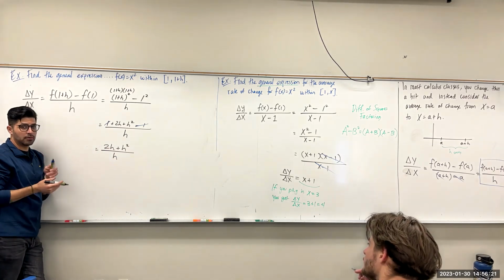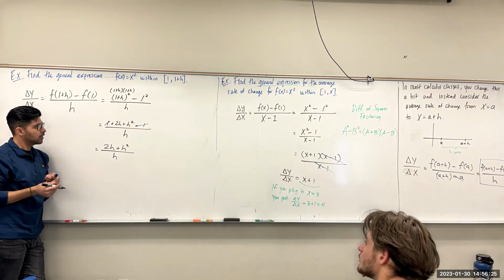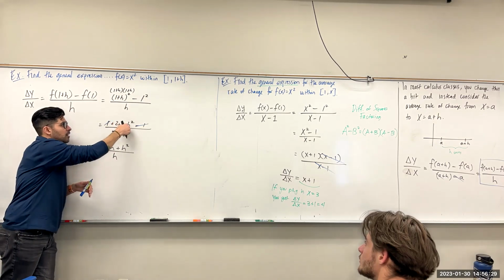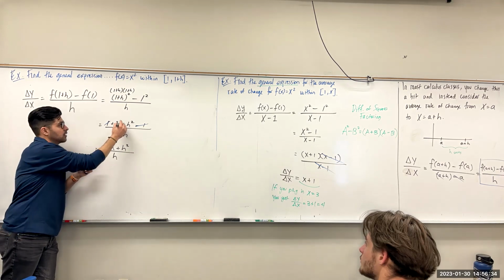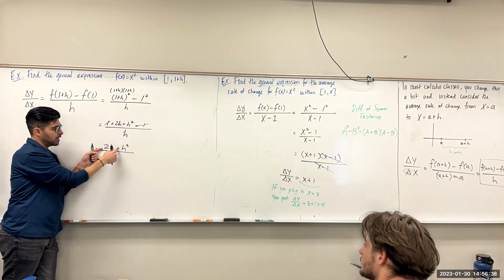Now I want to see if I can simplify it by factoring. You can't just cross out the h on the bottom. You can't just go like that, because of this plus.